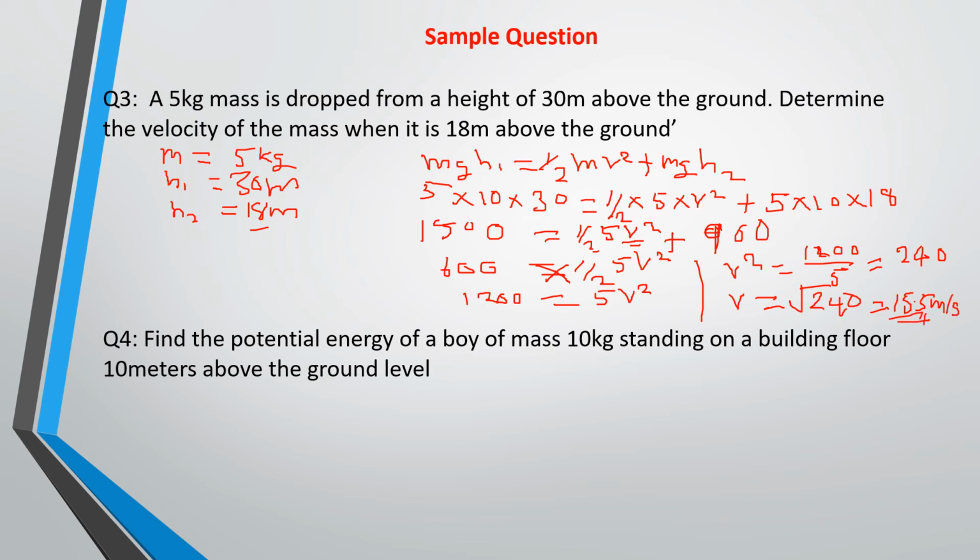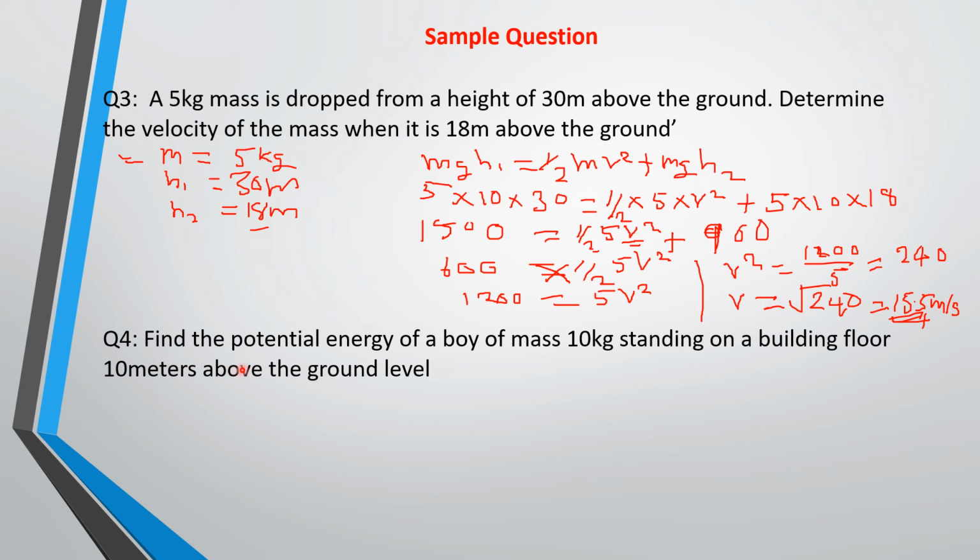So this is the velocity of the body, or of the mass. So you see how we're able to use that equation of conservation of energy to solve this problem, right? So you can take note of that so that you know how to apply it.